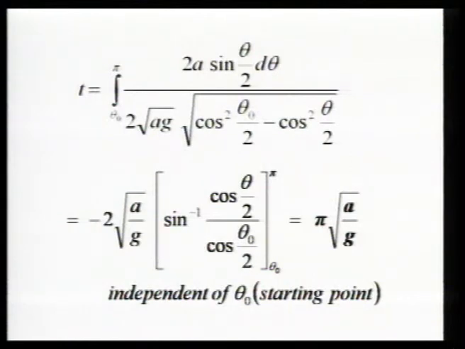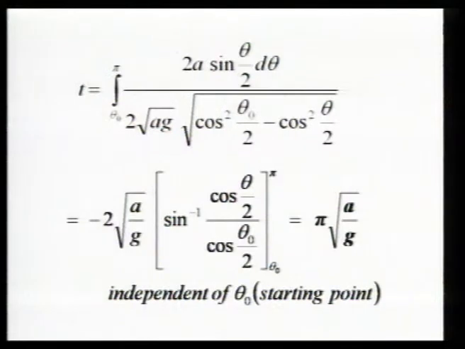I hope you can see that. Nothing involved. I mean, I could place every step, let cos theta by 2 be equal to cos theta 0 by 2 multiplied by sine, but no need. You can see that. Evaluate it and you get pi under root a by g.